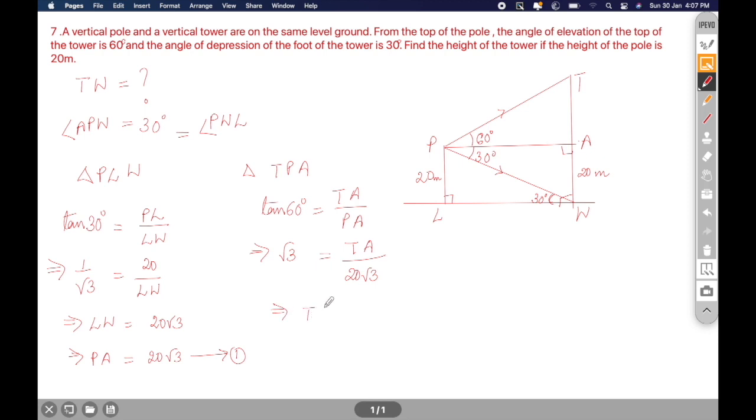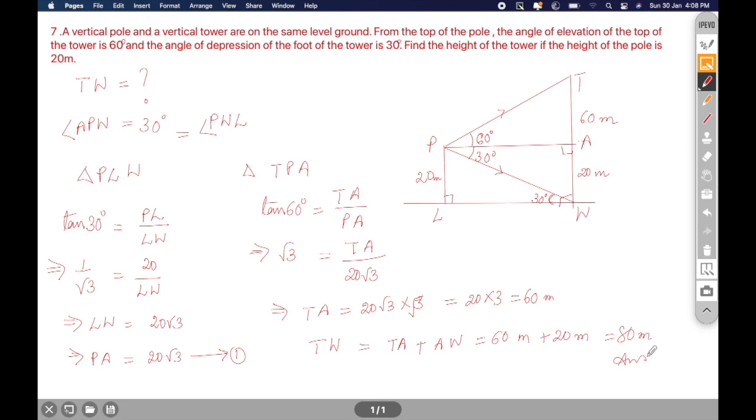So the length of TA is 20 root 3 into root 3, that is 20 into 3 equal to 60 meter. So, hence the height of the tower TW equals TA plus AW, that is 60 meter plus 20 meter, which is equal to 80 meter.